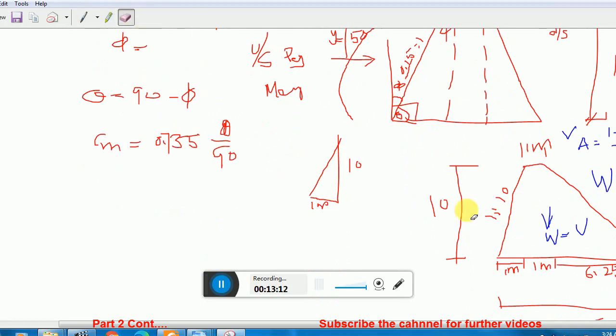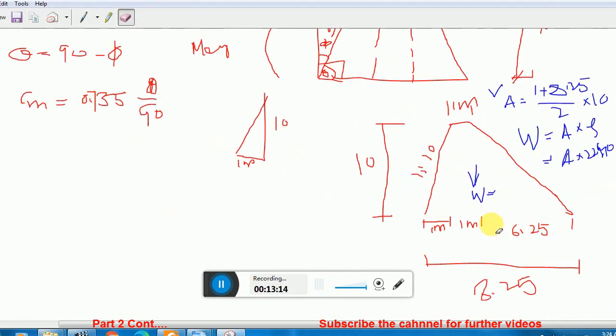The other vertical force is, let me complete it. Remember this side is 1 meter and 10 meters. So there is another triangle, and I already explained this in part 1, that here we have water.